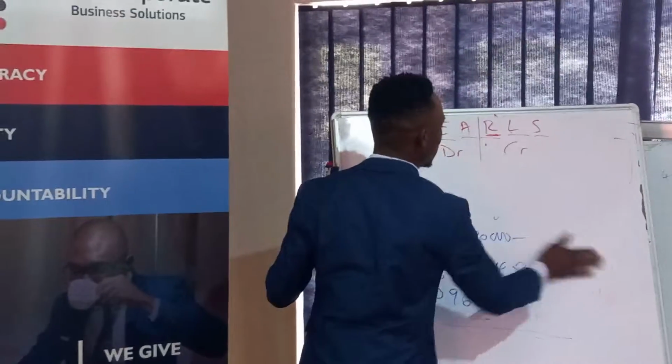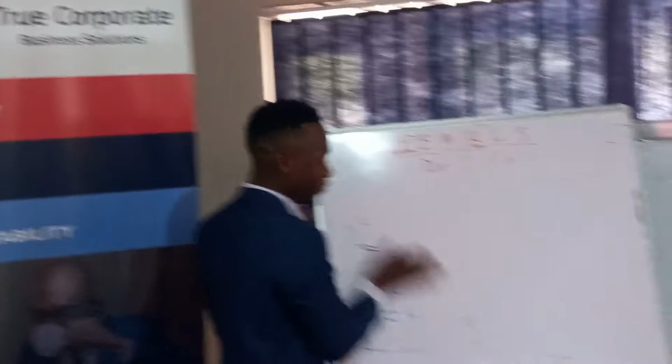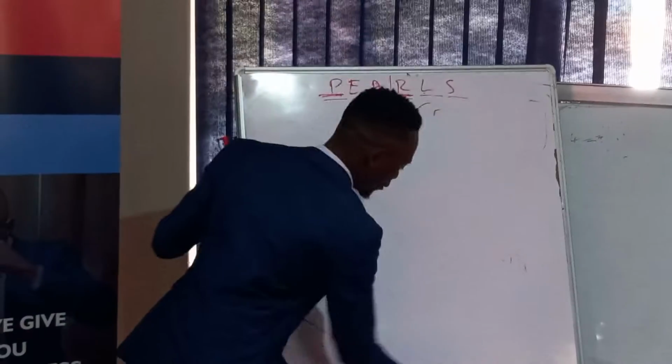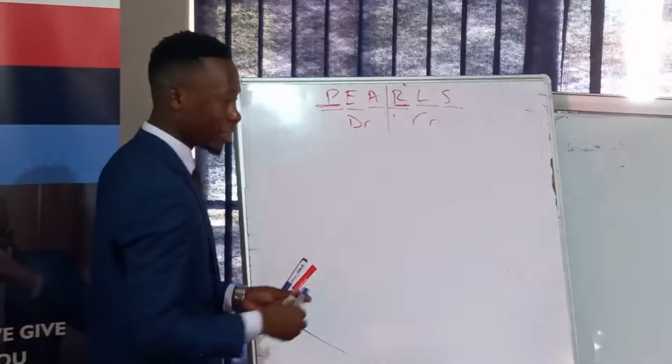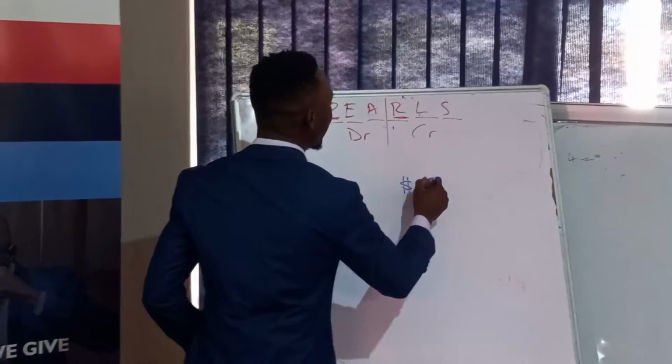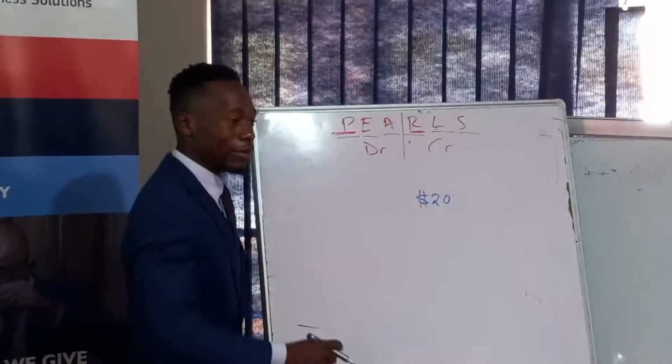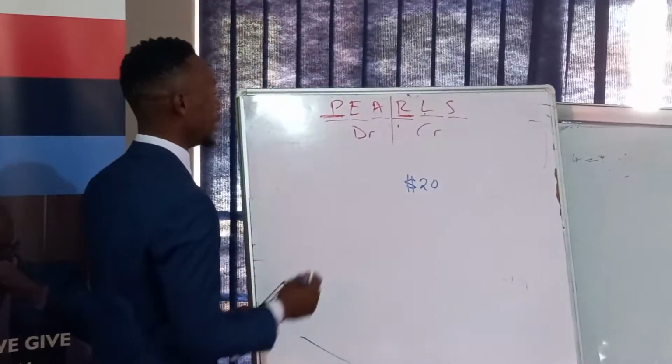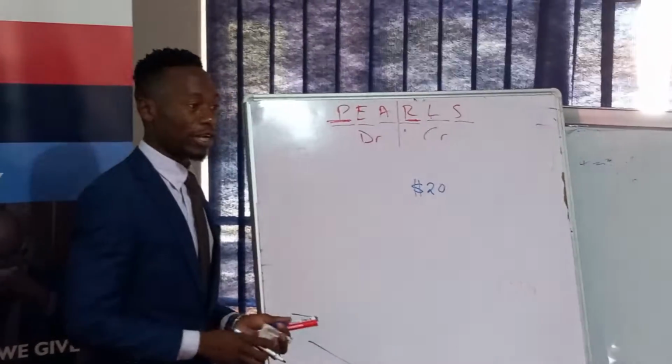Guys, you know what people do when they are selling a product? They will say the product is worth $20, right? You know how Zimbabweans behave, especially they are not willing to pay the full amount.